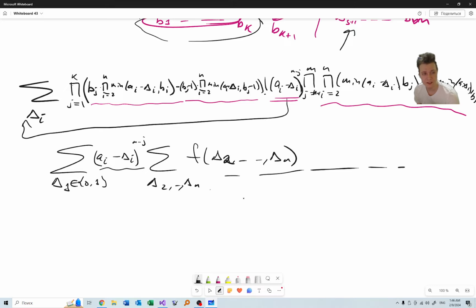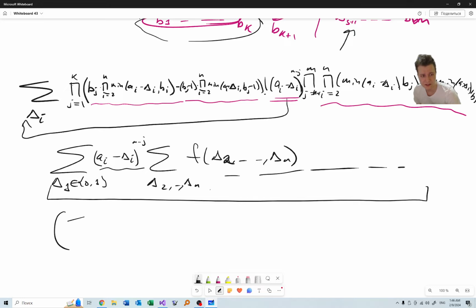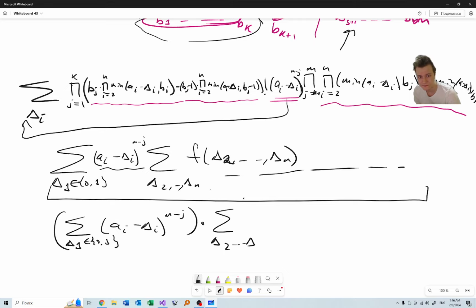So when we have this double summation, it's actually easy to rewrite it as sum of delta 1 from 0 to 1 of this thing times the sum of everything else. Okay?